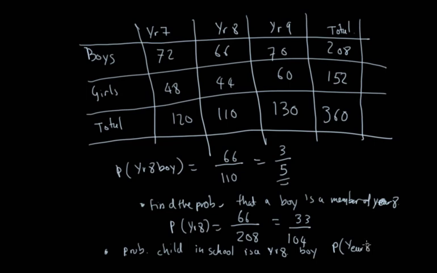This is the whole school this time. So we need to think, how many children are in the school? There's 360. And 66 of the boys are year 8 boys. Simplifying that down, it'll be 11 over 60. So I hope that makes sense.